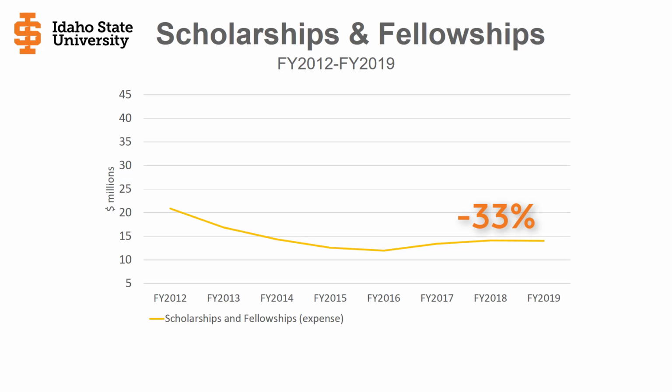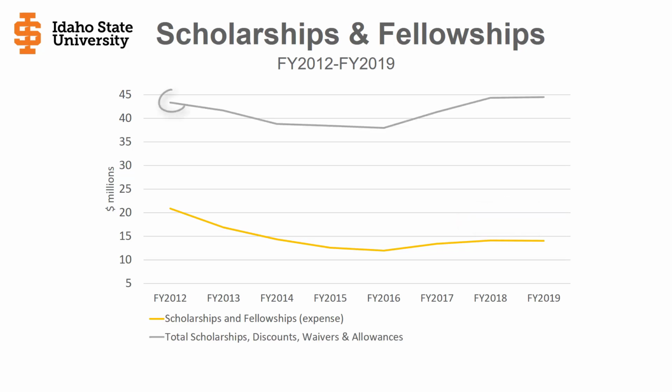If we combine scholarship and fellowship expenditures with discounts, waivers, and allowances, we arrive at our total discount. We see a downward trend from 2012 to 2016, beginning with a total discount of $43.3 million in 2012, followed by an upward trend in 2016 with a combined total of $44.5 million.